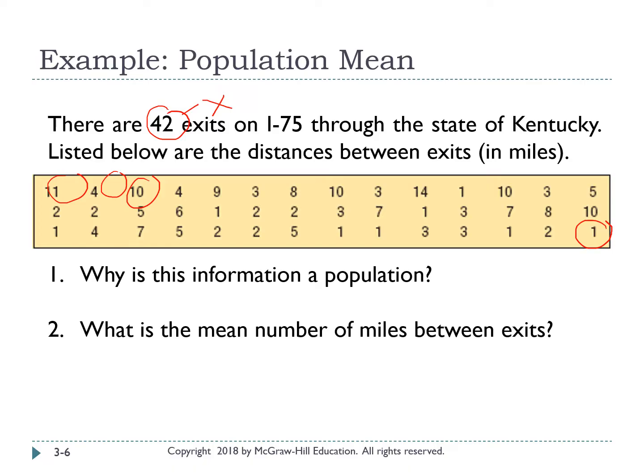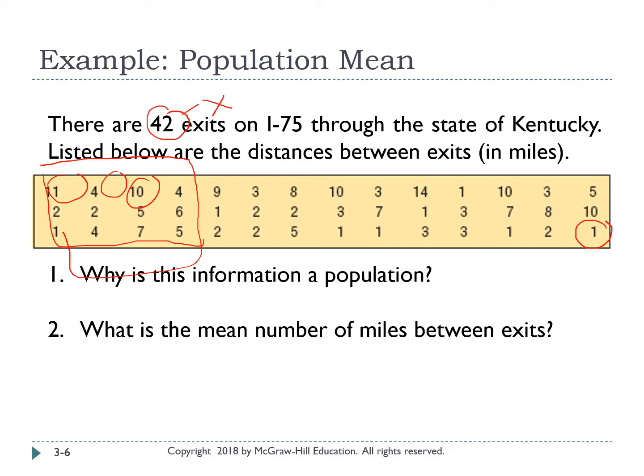That's why it becomes your population. But let's say the information given to you is just from 11 until this value 5. You can see this is just part of the population. When you talk about part of the population, you will call this your sample.